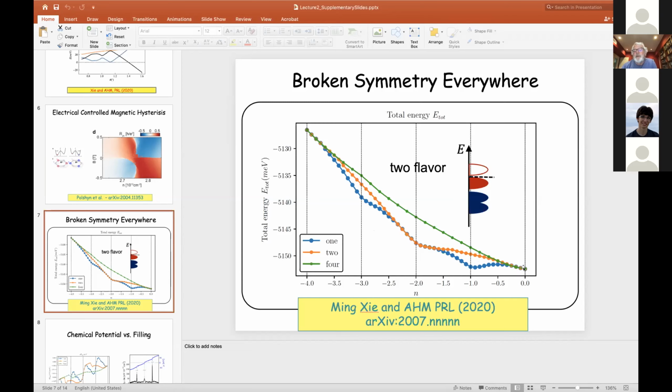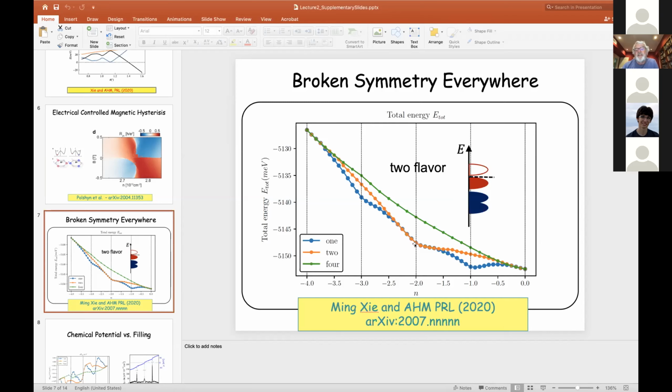In this mean field calculation, if you start from neutrality and start to empty the valence band, then for a little while, no flavor symmetries are broken. That's kind of consistent with experiment. In these mean field calculations, it depends on the interaction strength you use, but usually you get insulating states at all odd filling factors, all of which have a non-zero total Chern number.